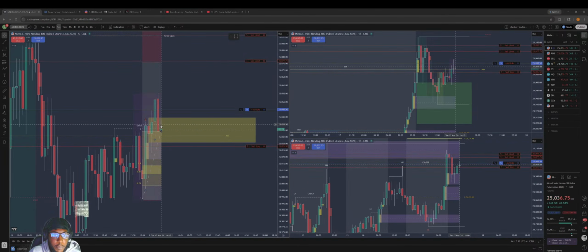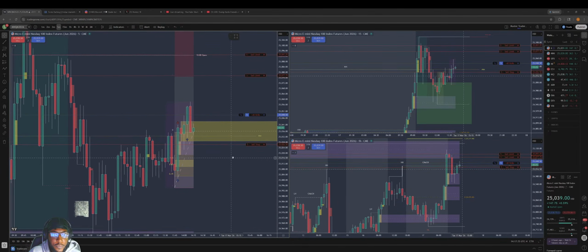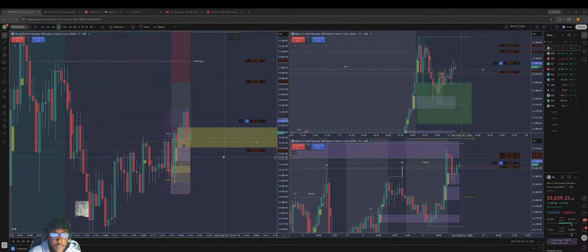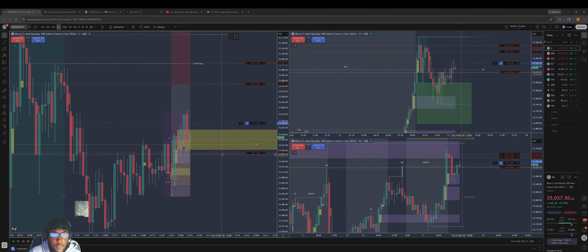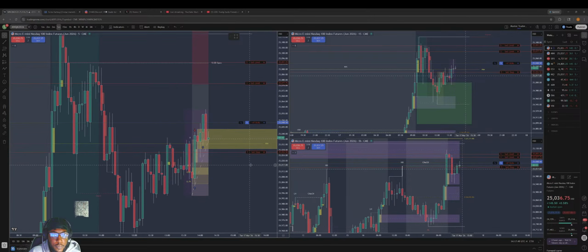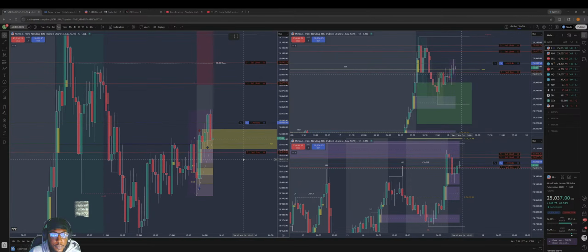I'm expecting buyers to come in and start pushing price up higher from here. Looks like buyers are failing on this 5 minute candle.